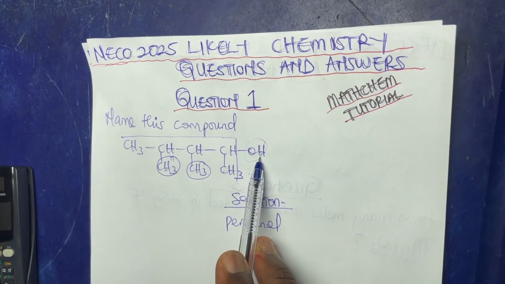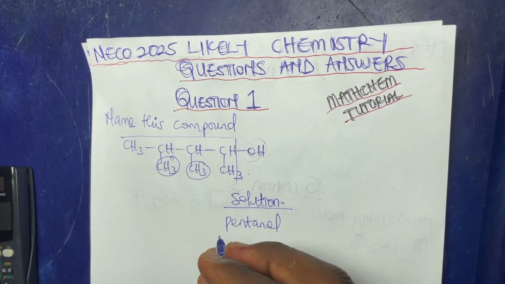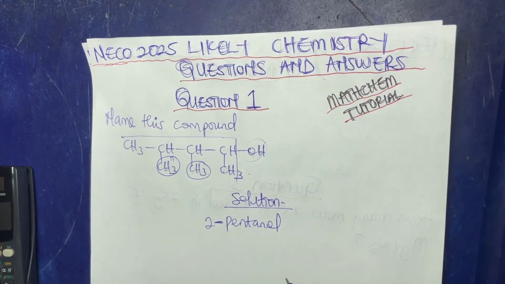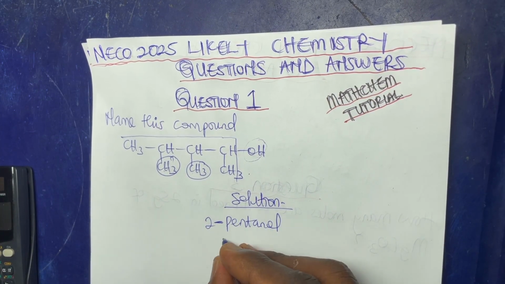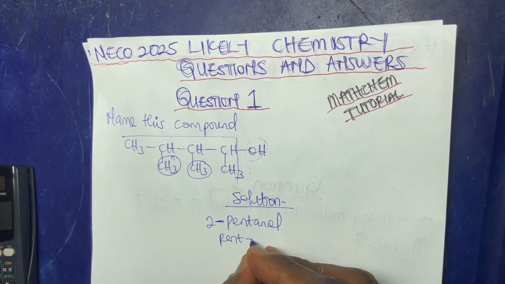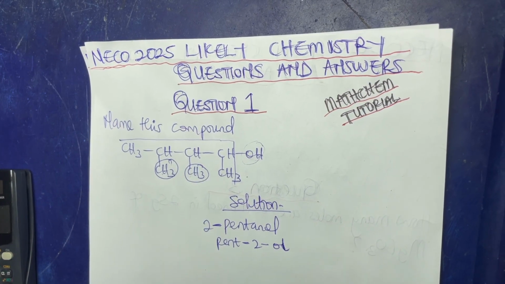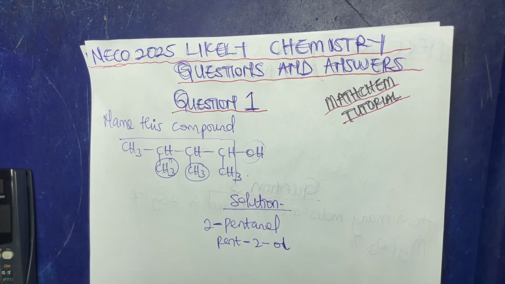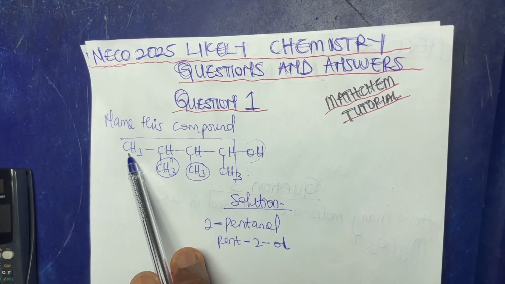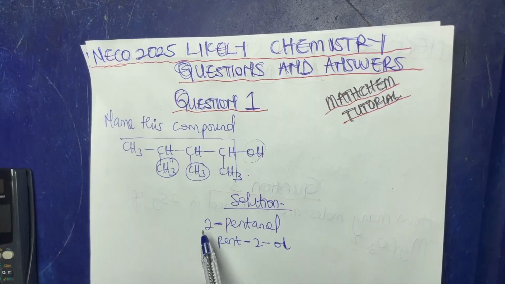So that means the functional group is on carbon 2. So that will be 2-pentanol. Okay, so now I have the name as 1, 2, 3, 4, 5, that's 2-pentanol.